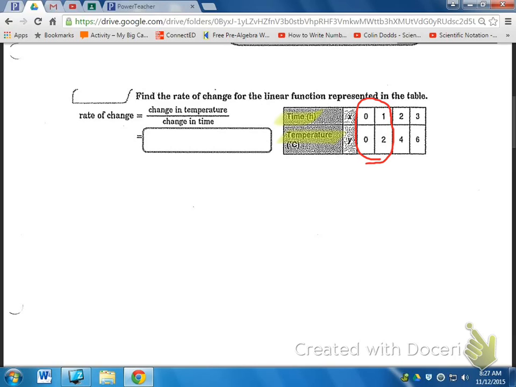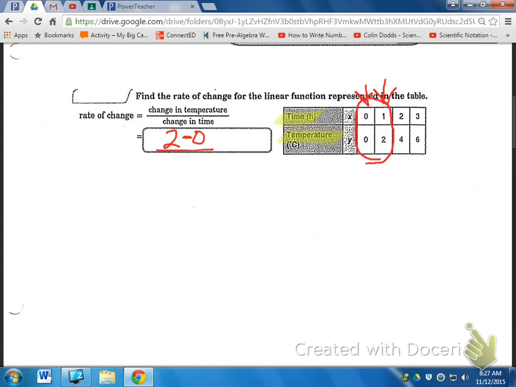So the change in temperature, so from the second point, what temperature is it? How many degrees Celsius? 2. And what is the temperature in the first point? 0.